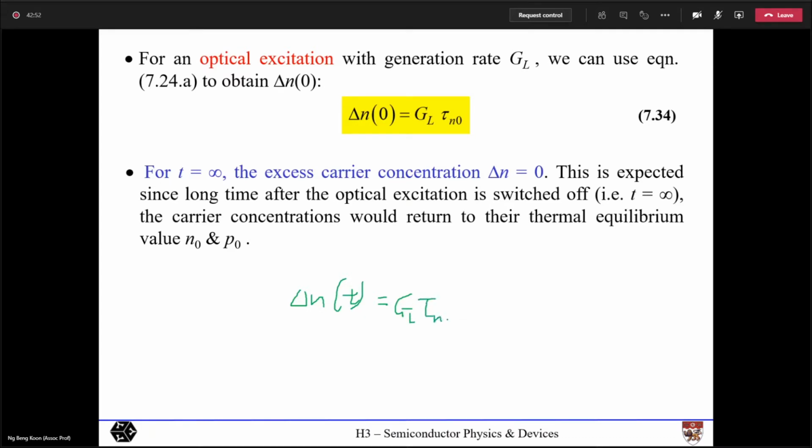If it comes from a situation where you first switch on the light and you let it achieve steady state before you switch off, then that's the equation you can use, with the delta N at time t equals 0 as G_L tau N naught. So that's the equation for the change in your excess carrier when you switch off the light.